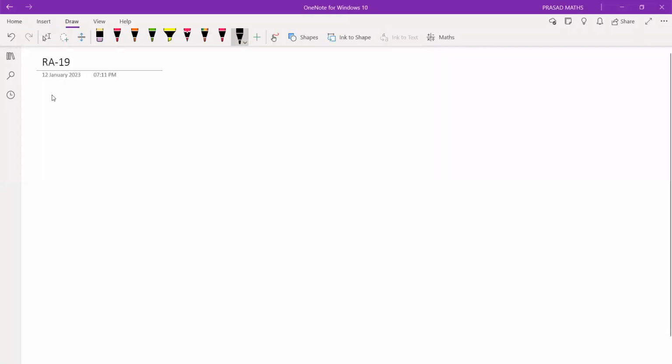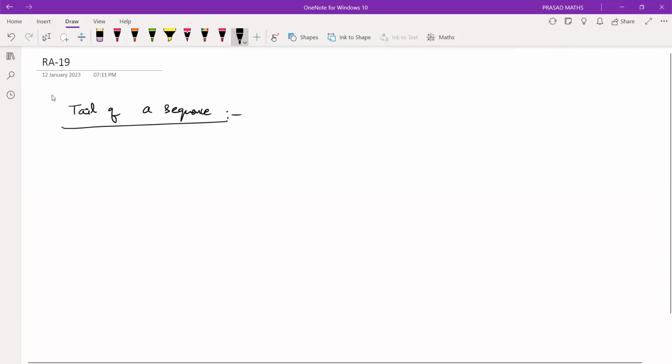So yesterday we have seen properties of that sequence which converges to a real number. And continuing that lecture, next is the tail of the sequence. Tail means, suppose you take a sequence Sn of real numbers, and m is a fixed positive integer.